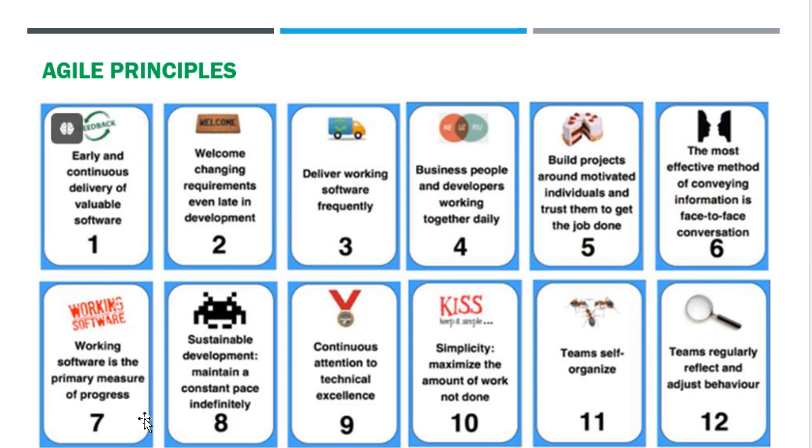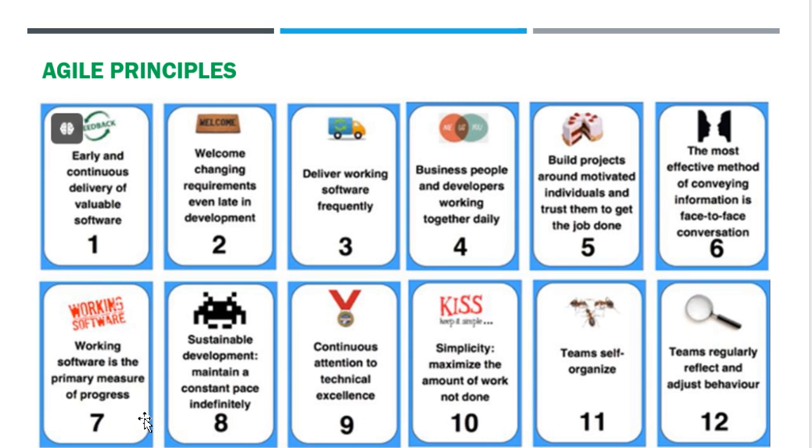So moving to the 7th principle, which is working software is the primary measure of progress. A builder measures progress by the height of the wall being built rather than by the number of bricks bought or the time spent on the planning.